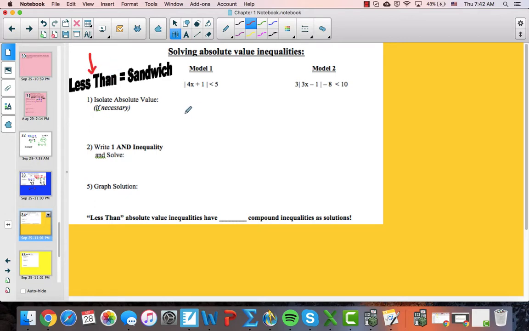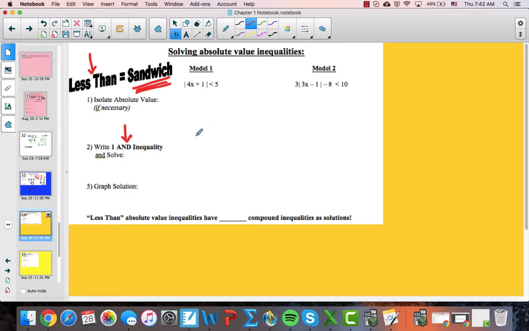All right, so first we have to isolate the bars. In our model, the bars are isolated. So then I write one compound and inequality. And you may remember with and inequalities, we sandwich the x value in between 2 values. So how do we sandwich the absolute value in between 2 values?